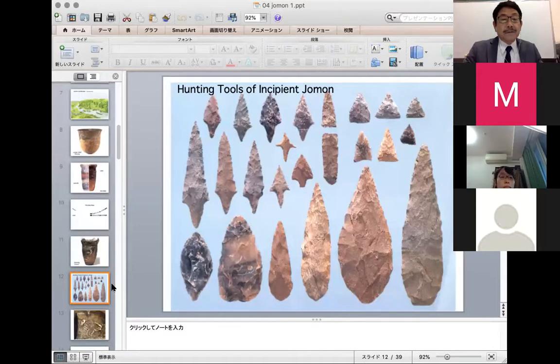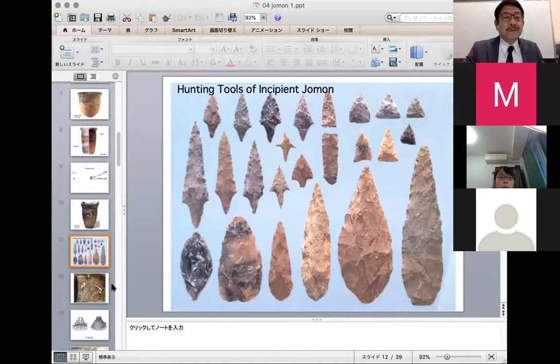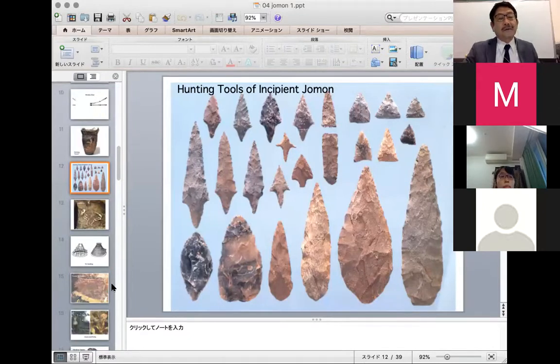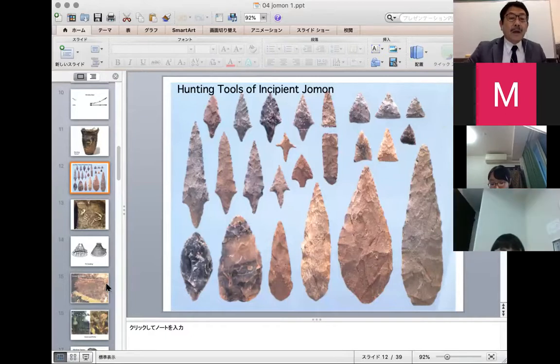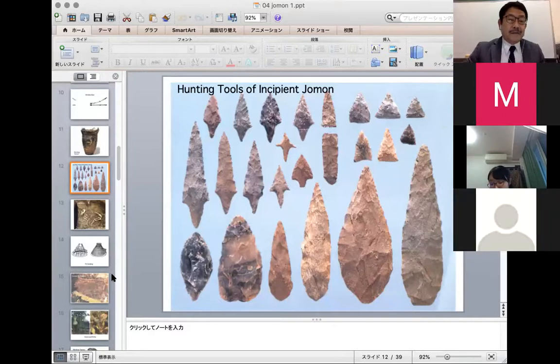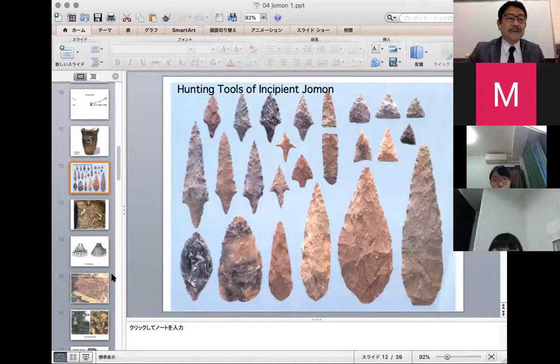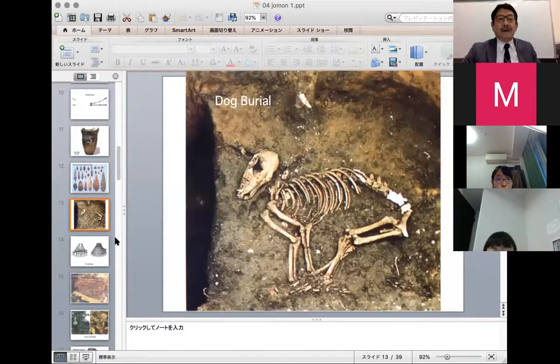And back to the hunting story. Bow and arrow system, change of the device from spear to arrowheads. And another thing happened around this time. It was the adoption of dogs. We don't really know about the Paleolithic time because we see no remains of dog bones or human bones or anything organic.